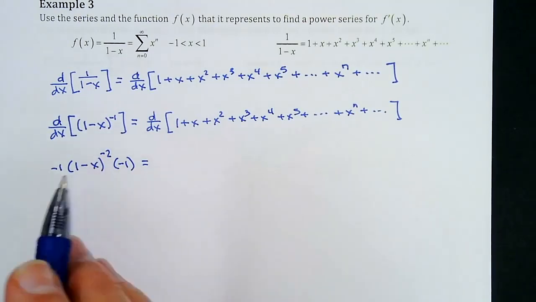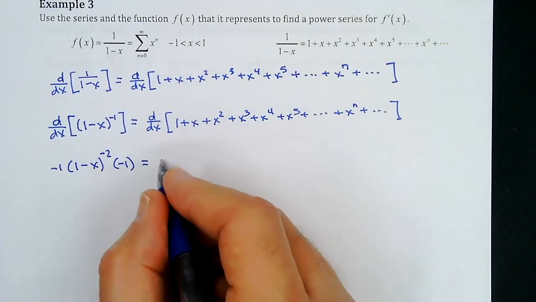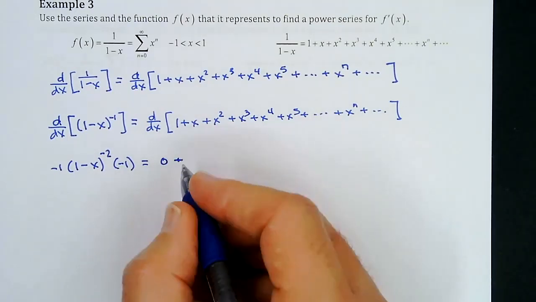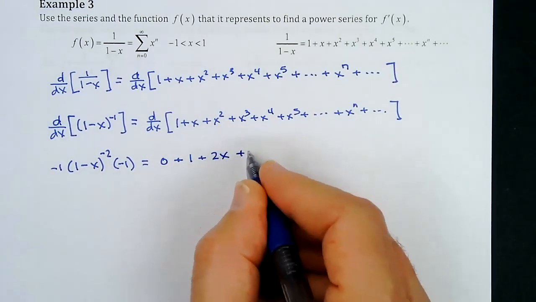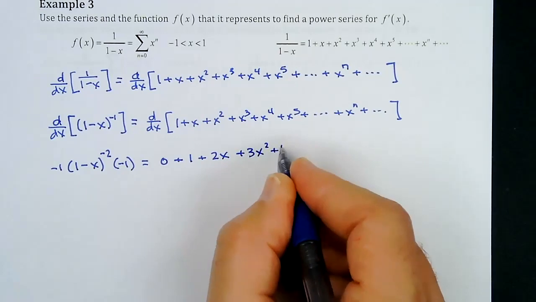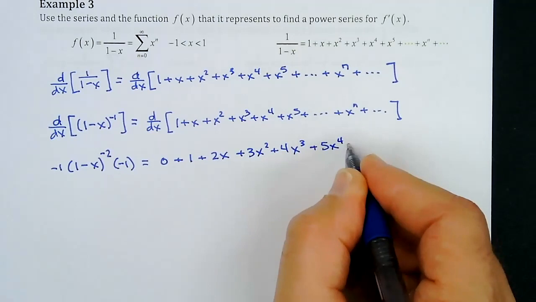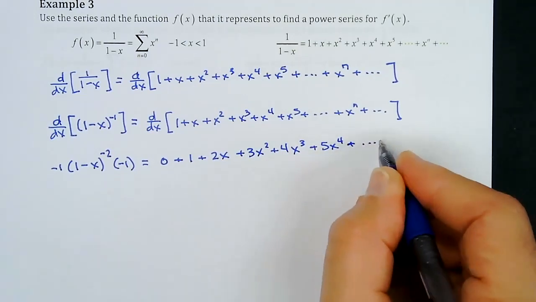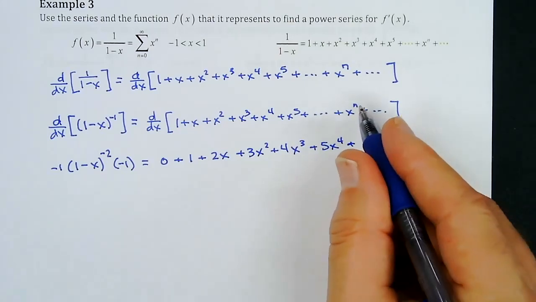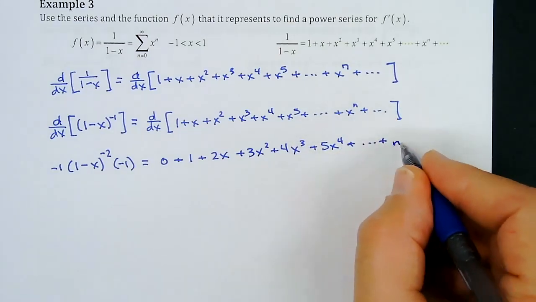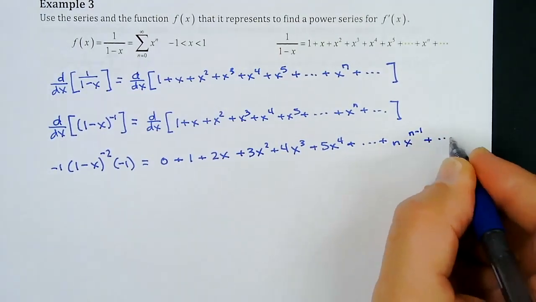That must be equivalent to the derivative of each of these terms. The derivative of 1 is 0. The derivative of x is 1. The derivative of x squared is 2x, plus 3x squared plus 4x cubed plus 5x to the 4th plus dot, dot, dot. And for the nth term, what do we have to do to take the derivative of x to the n? We bring the power down, so it's n times x to the n minus 1 power, and then plus dot, dot, dot.